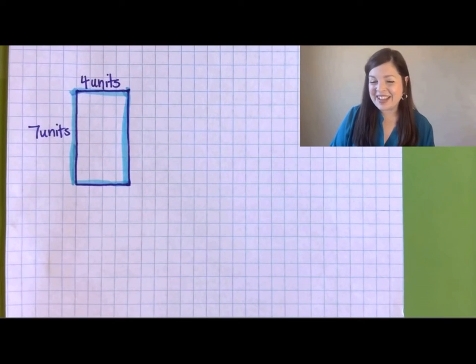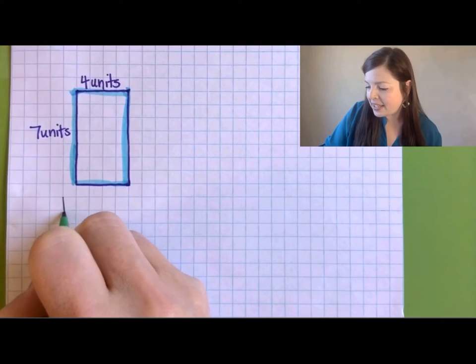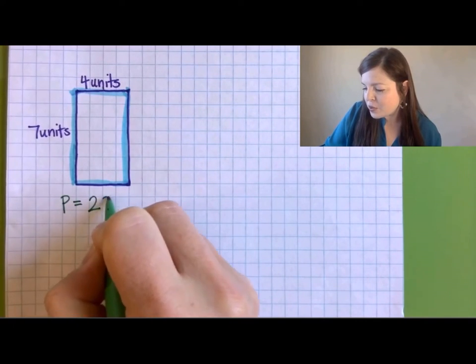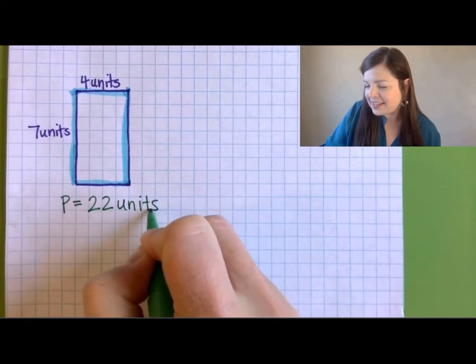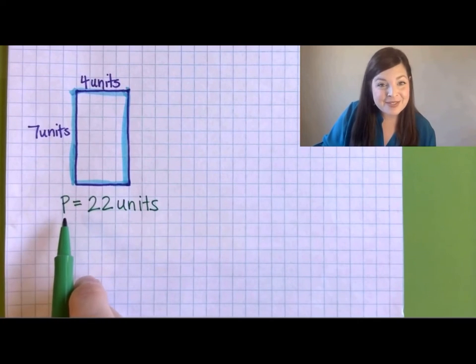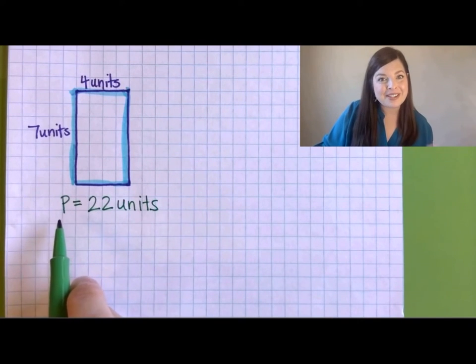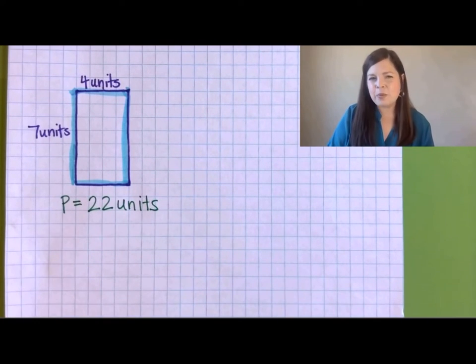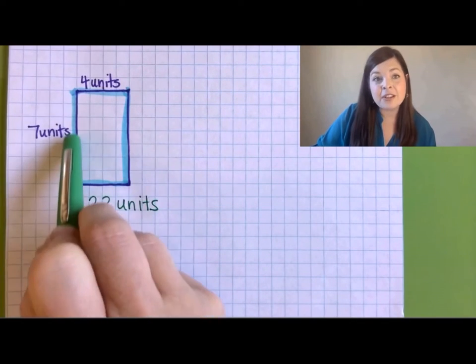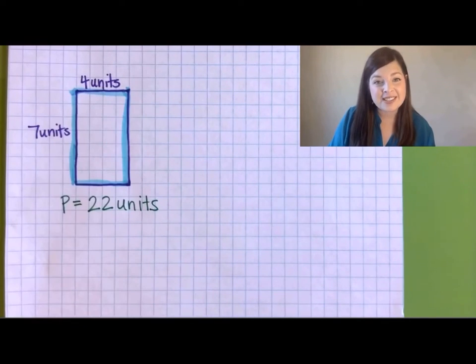I did too. I got that the perimeter is 22 units. What did you get? We can write P equals 22 units. And of course, what do you think that P stands for? Right, perimeter.